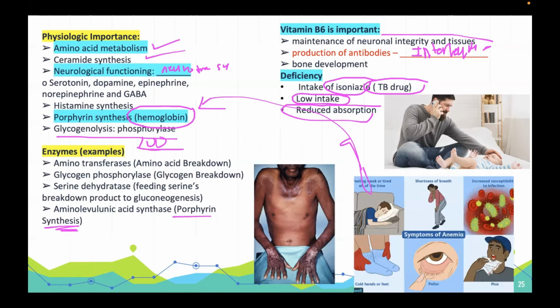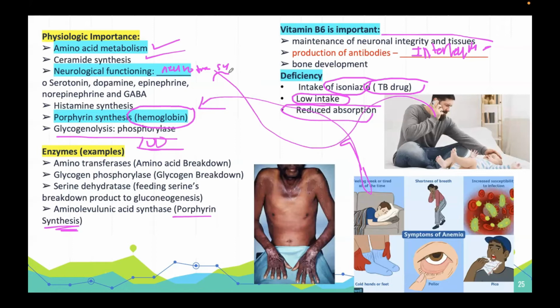Kasi nga, meron siyang poor brain development because of the neurologic functions. Okay, so kung mababa yung intake, nagkaroon ng reduced absorption, bumaba yung vitamin B6, hindi na-develop yung kanyang neurologic development, naging impaired yung neurologic development, naka-apekto ito kaya nagkaroon ng mga episodes of the epilepsies yung bata.